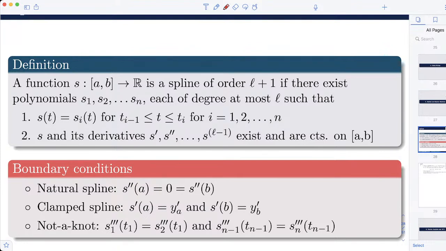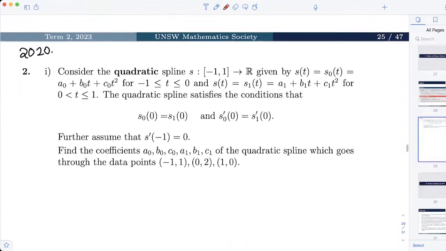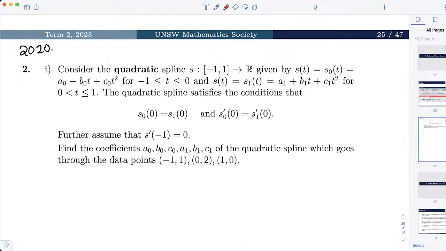I haven't actually seen, we don't have access to the finals from 2021 or 2022, so I don't know if they've come up with new, more challenging questions to do with splines. One of the only computational questions I could find with splines was question 2 from 2020.